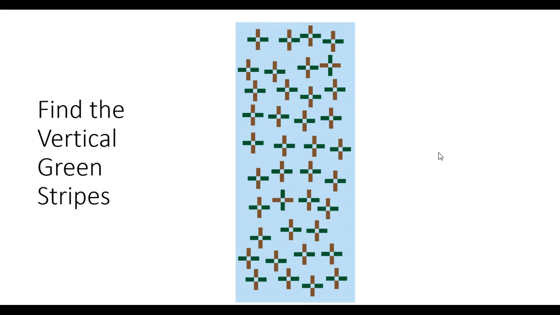Alright, so what I want you to do is look through this picture and find the vertical green stripes. Now, that should take you a while to do. Right here. Okay.